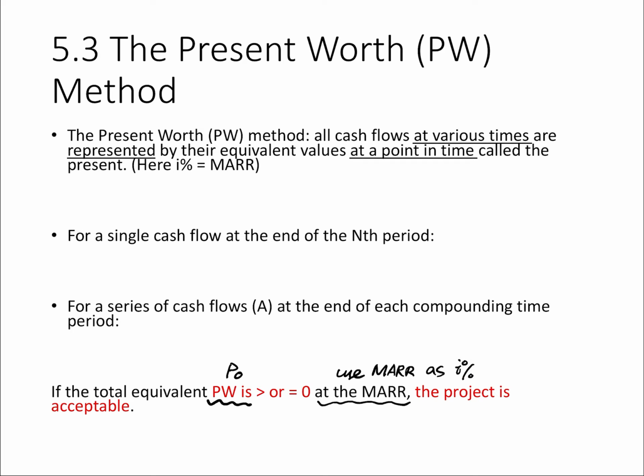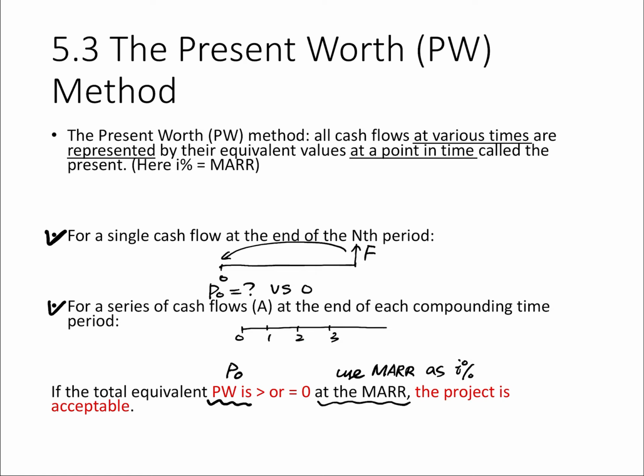Okay? If not, you're gonna reject that proposal. So usually you're gonna have a single cash flow at the end of the period. That's the first case. So it is easy. You just need to convert this future cash flow back to the present time, and see what P0 is and compare that with 0.